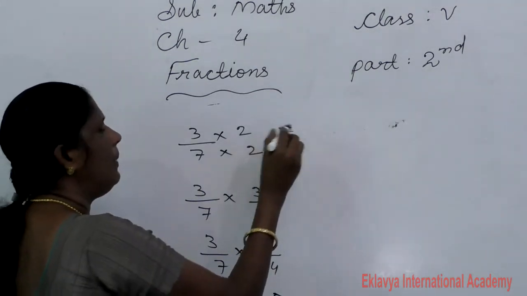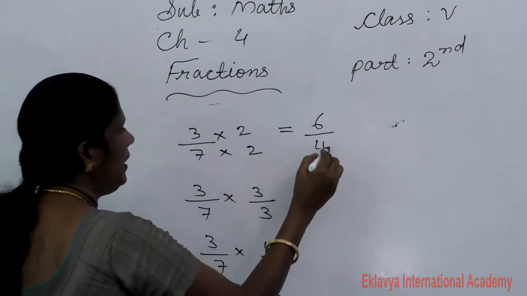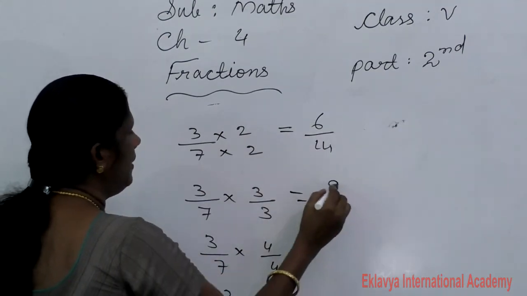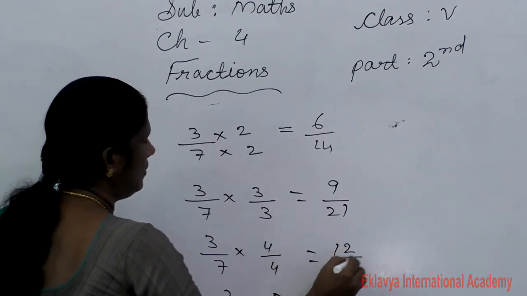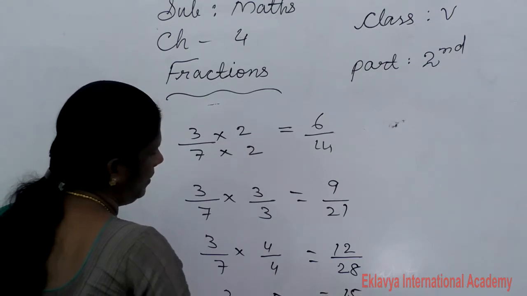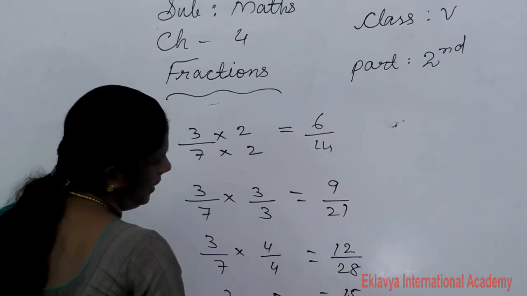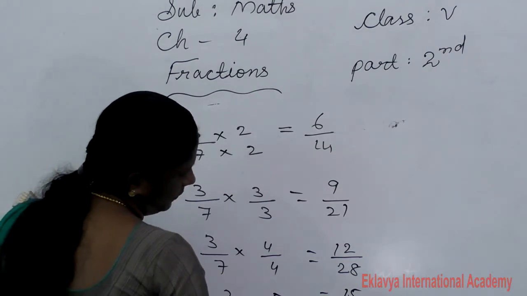Then multiply this. 3 2s are 6, 14, then 9, 21, then 12, 28, then 15, 35, then 18, 42.